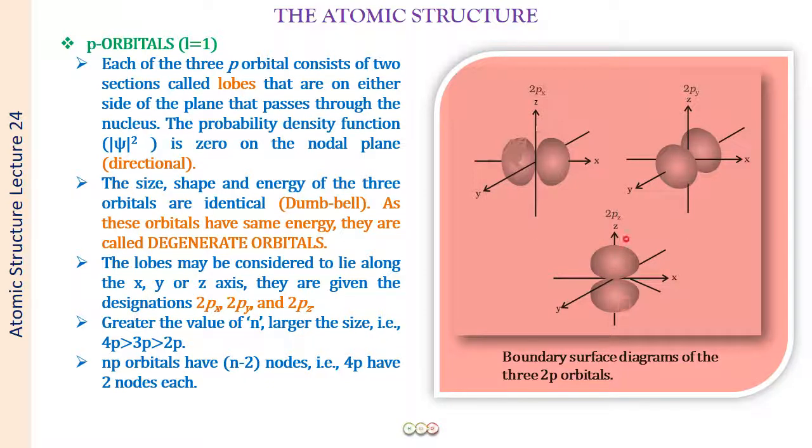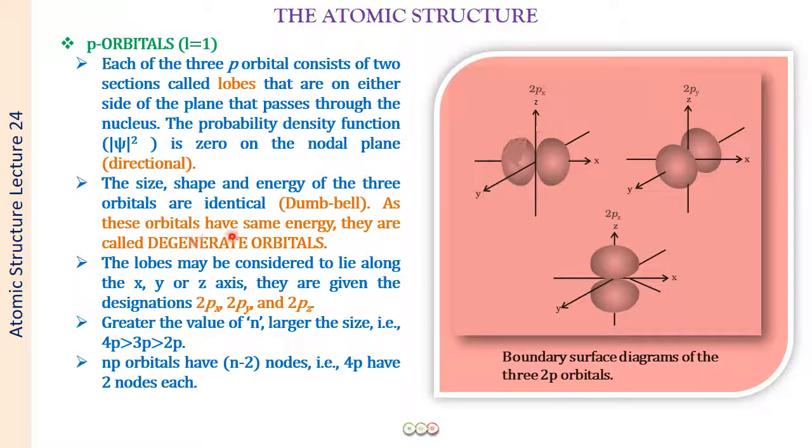So they are all directional in nature, as you can see from the diagram, and the shape is also called dumbbell shape because of the resemblance to the dumbbell that is used by boys in the gyms to exercise. The size, shape and energy of the 3 orbitals are identical.